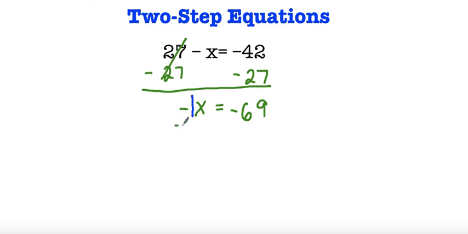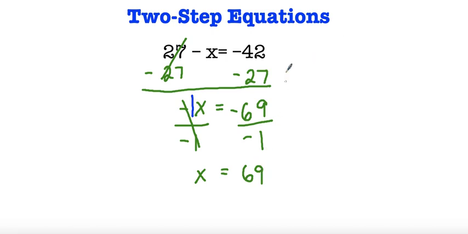So if we divide by negative 1, and then we divide again here by negative 1, negative 1 divided by negative 1 is 1x. And remember, we don't need to rewrite that because 1x and x are the same thing. And now negative 69 divided by negative 1 is positive 69. So our x is equal to positive 69.